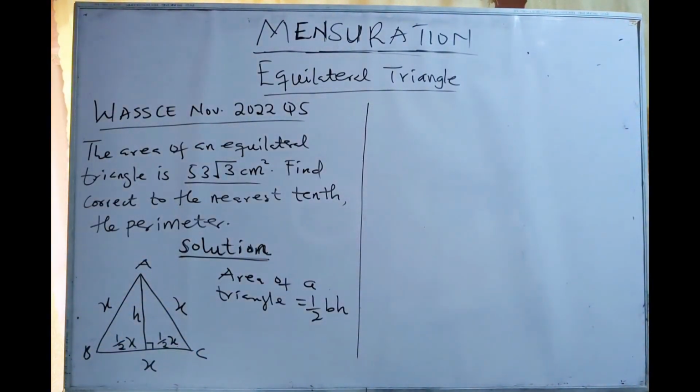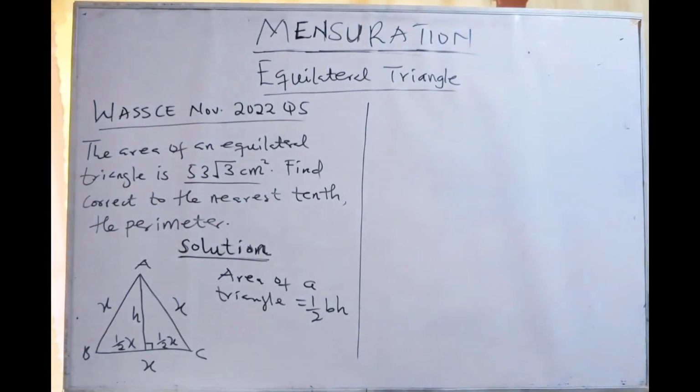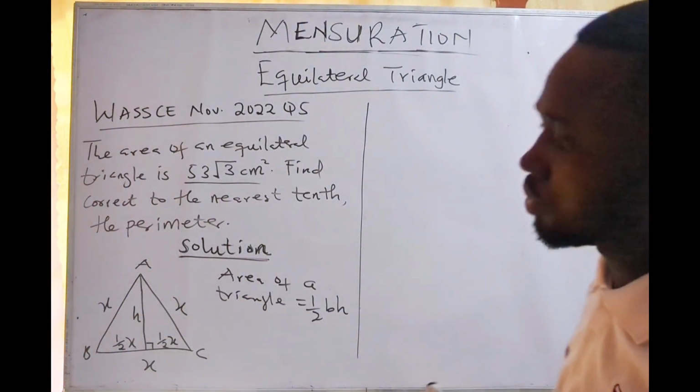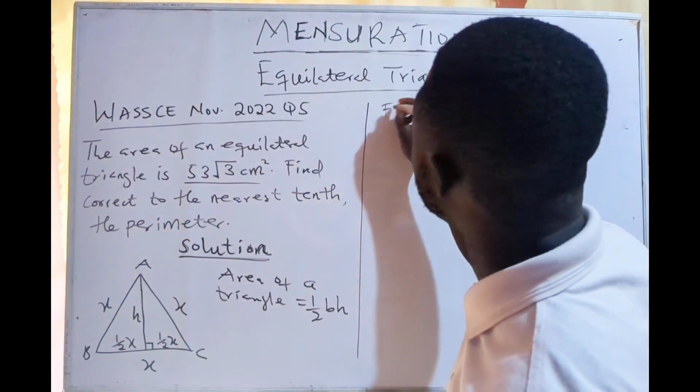So now I can find the height. I know the base as x. What I need now is the height, so I'll use the Pythagoras theorem.